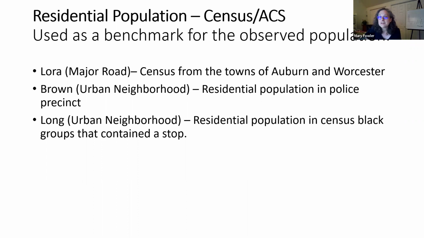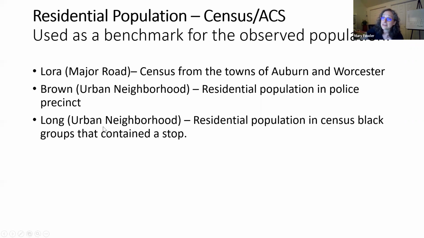That really was not a very tight comparison, in that our officers might or might not have been patrolling the entire police district. Then the residential population was used successfully in the Long case.